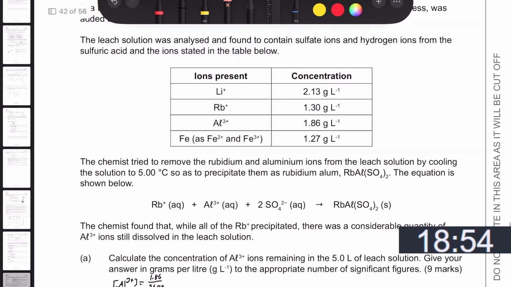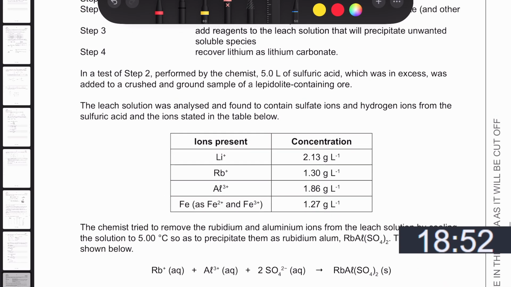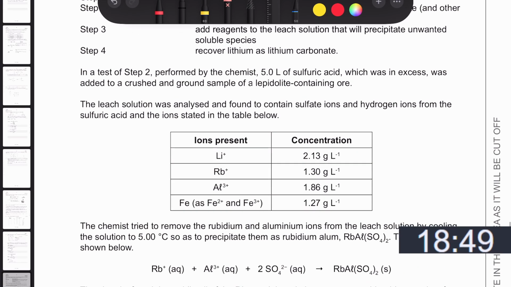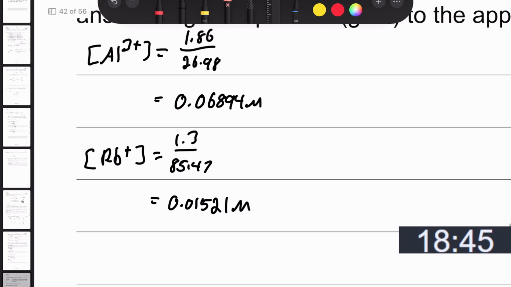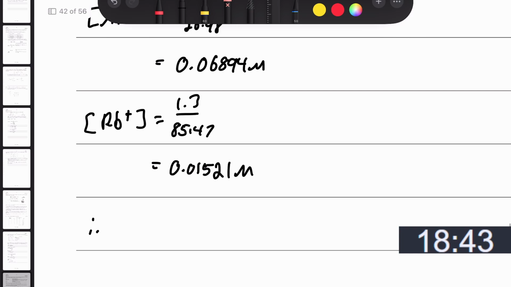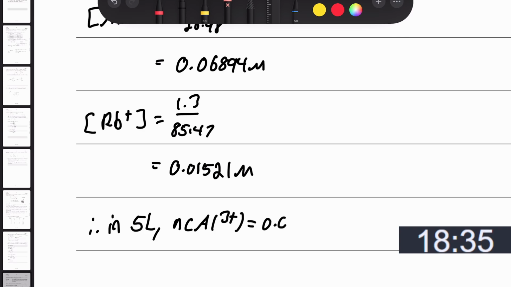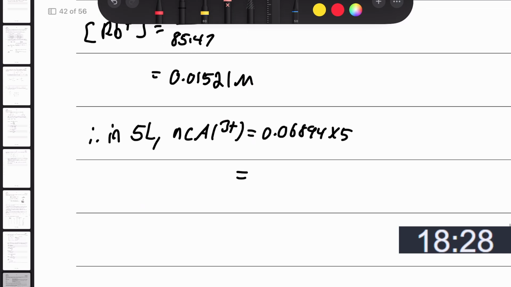Number of significant figures. H2SO4, sulfuric acid was in excess, so I don't have to worry about that. Therefore, for 5 liters, the number of moles of Al3 plus is equal to 0.06894 times 5, which is 0.3447 moles.